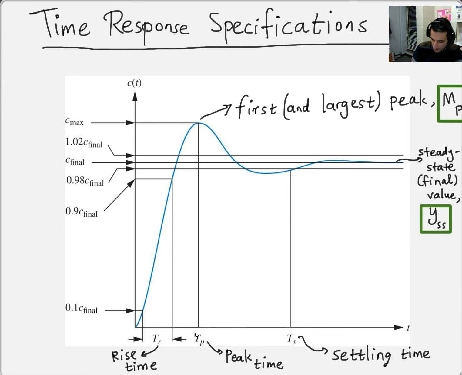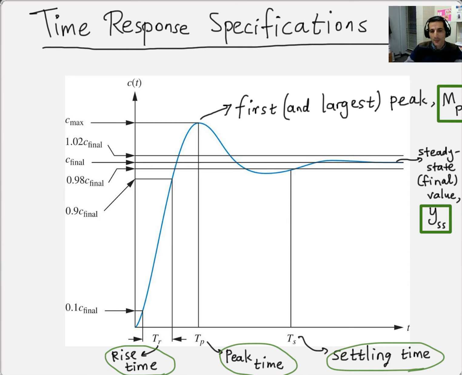What we have here is the so-called rise time, TR, then we have peak time, TP, and settling time, TS, and we have what is called MP, or the first peak, which is this point right here, and we have the value of steady state, which I'm going to name YSS.